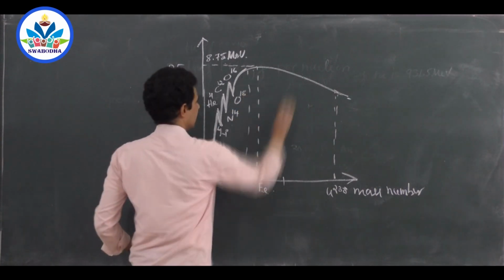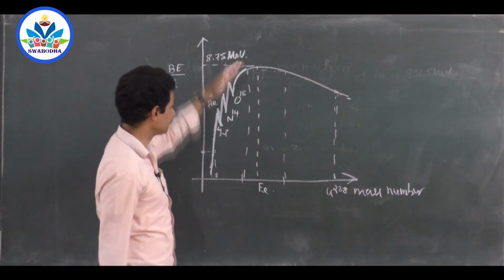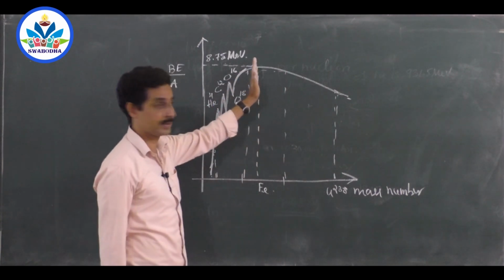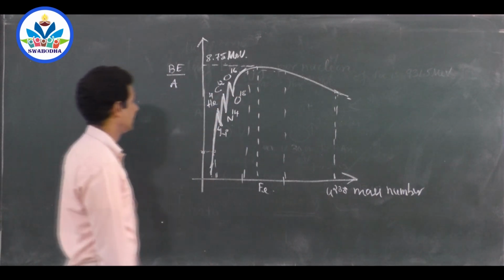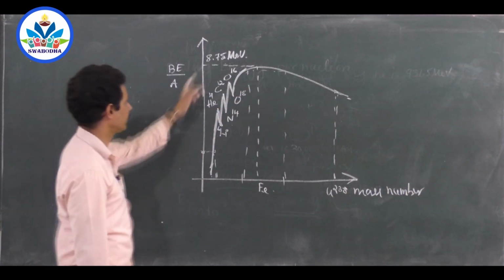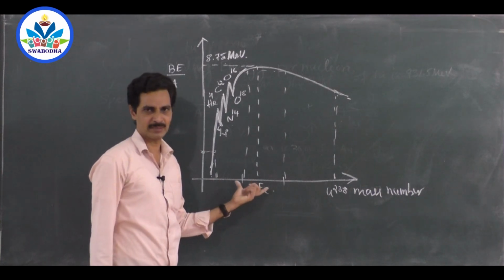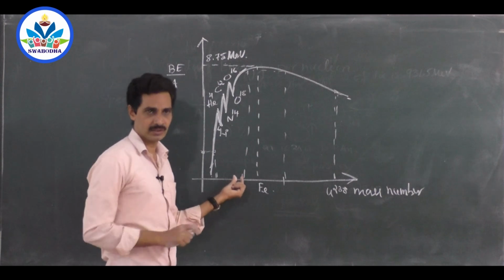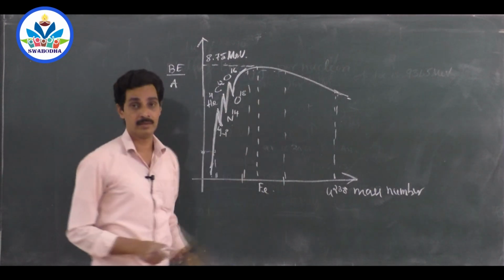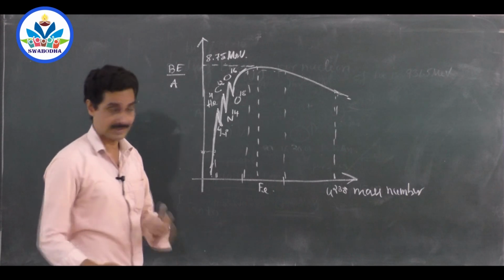If you see this range, it is more than some 7.5 million electron volt. The highest specific binding energy, highest binding energy per nucleon lies here, this one. That is 8.75 million electron volt. That is for iron. So I think it is 30 to 170, something like this. So elements having mass number in the range 30 to 170 are more stable, because their binding energy per nucleon is very high. And why it is so, we will see.